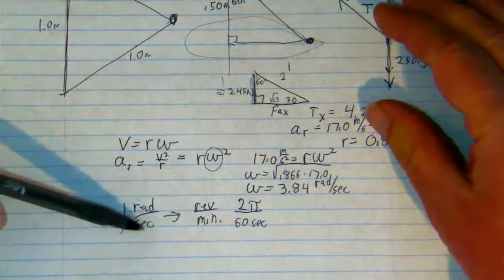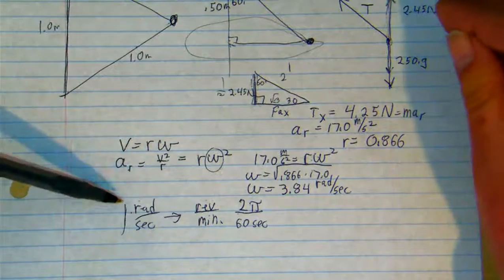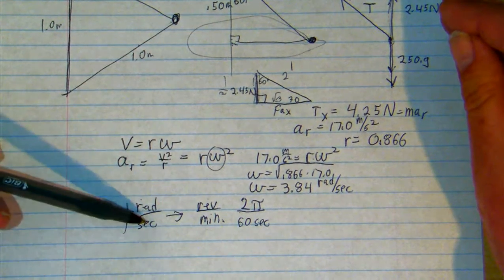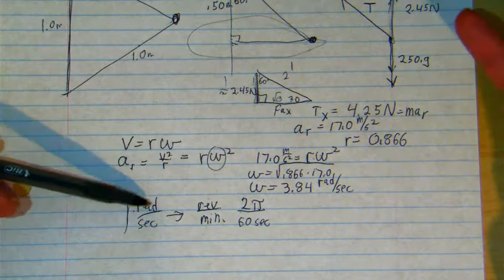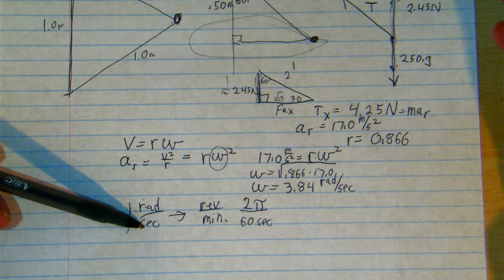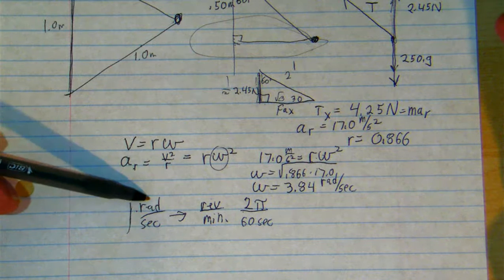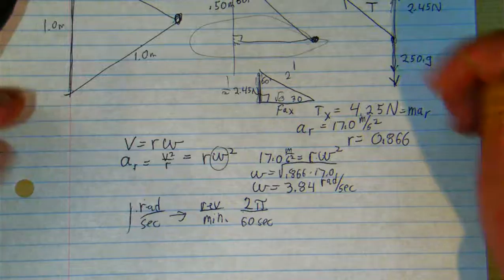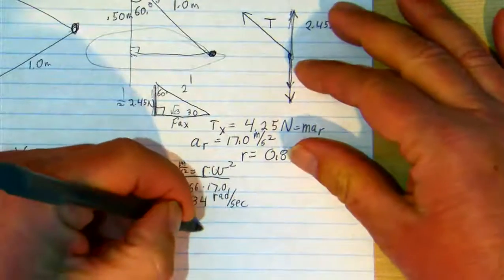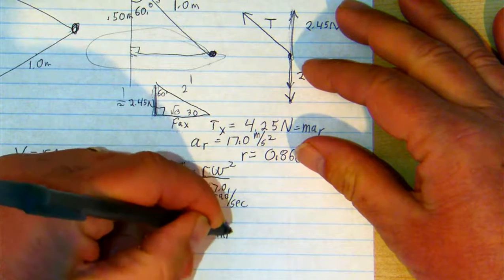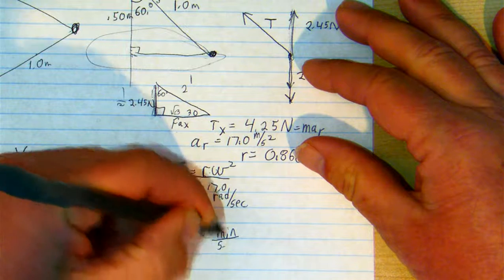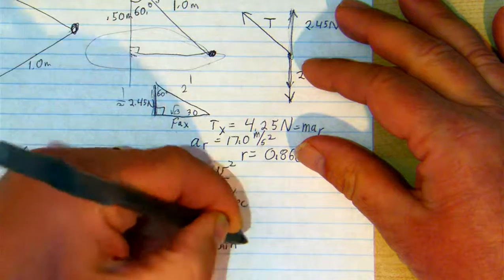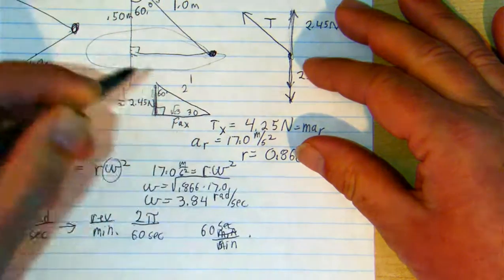To convert from radians per second to revolutions per minute, I would first multiply everything by 60, so I have it in radians per minute. And then I would divide that number of radians by 2 pi to convert it to revolutions per minute. So multiply by 60, seconds per minute, and then divide by 2 pi.